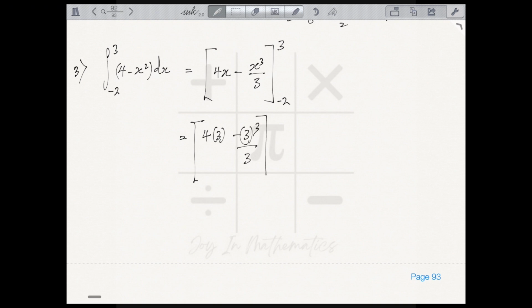Close the bracket, subtract again. So wherever we see x now, we substitute our lower limits. So we have 4 into -2 minus -2 raised to power 3 over 3. Now when we simplify this, we will have 8 1 over 3.